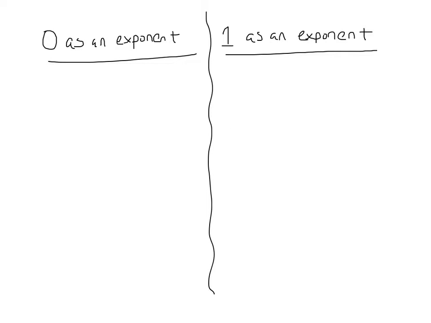Okay, our first two properties are 0 as an exponent and 1 as an exponent. We'll do 0 as an exponent first. Our rule says this: anything to the 0 power in math is defined to be 1, except, there's one exception, except 0 to the 0, which is undefined.